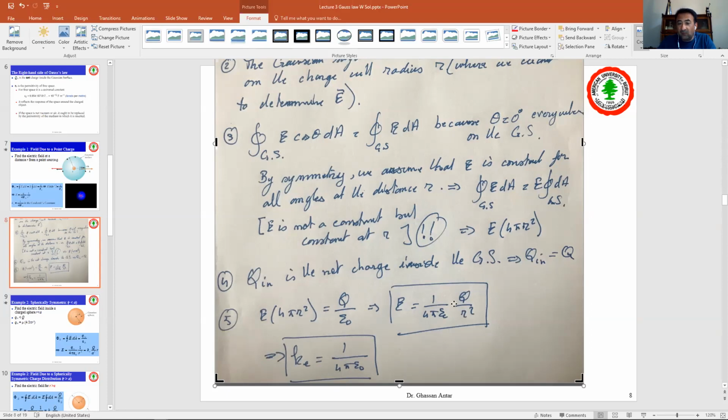So notice what I have from the application of Gauss's law. What I have is the amplitude of the electric field. The direction I already have: it's a sphere, consequently the electric field is always perpendicular to this sphere. Any questions?